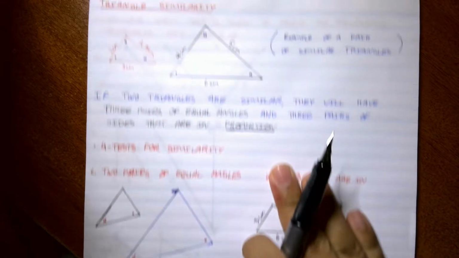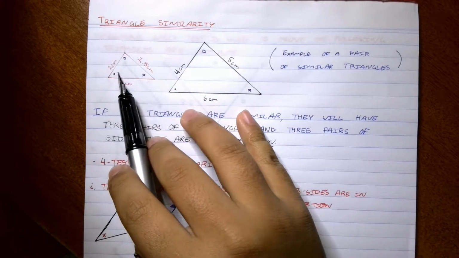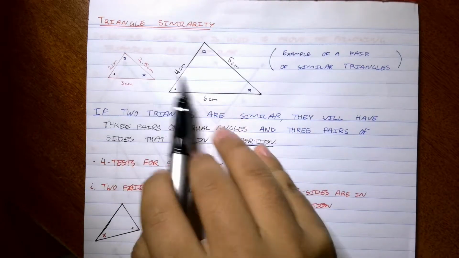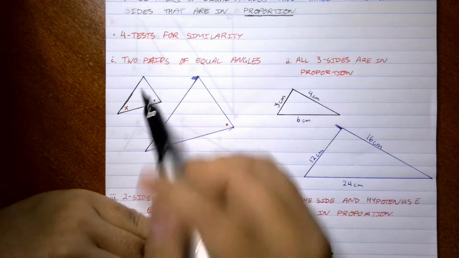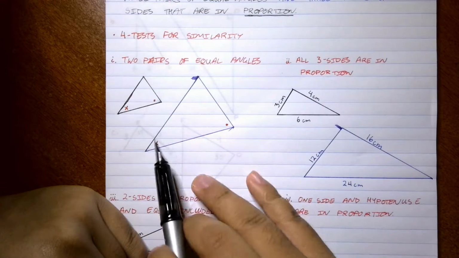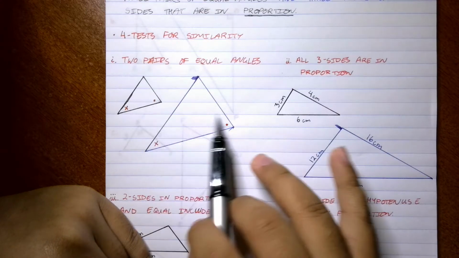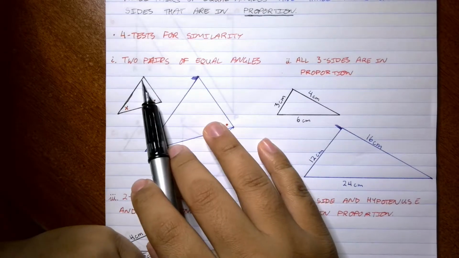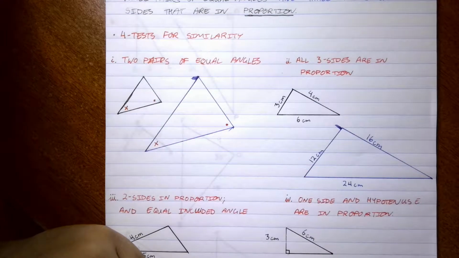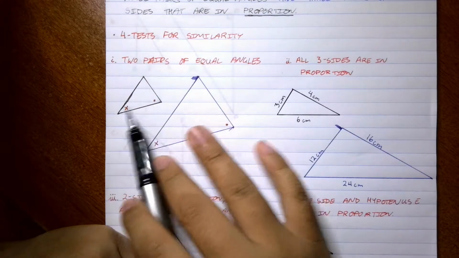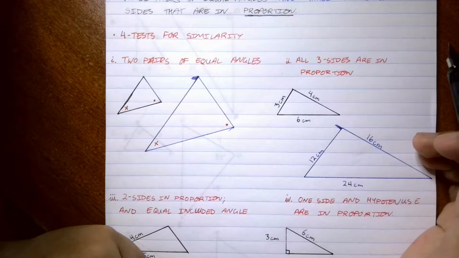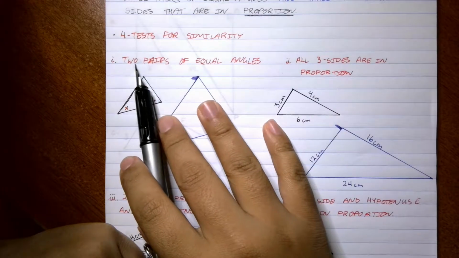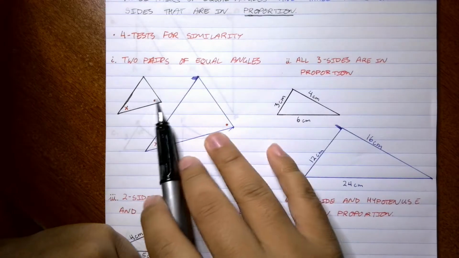The reason for that, if you're wondering, is that in here there are three equal angles, but this one only needs two. Since we know that these two angles are equal, it's easy to calculate that the third angle must also be equal, because the angle sum of this triangle will be 180, as will this one. So, first test, two pairs of equal angles.